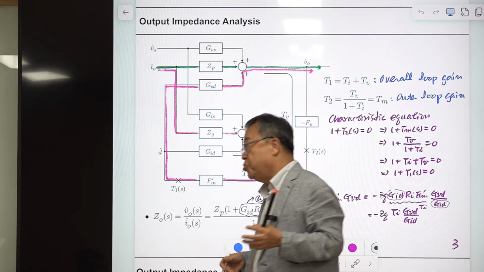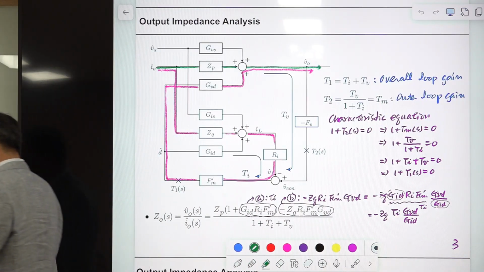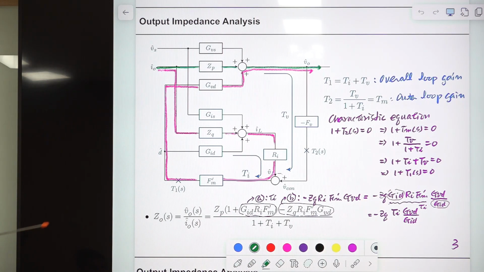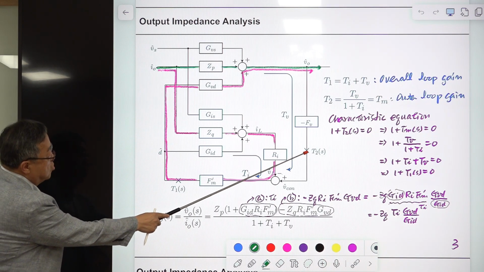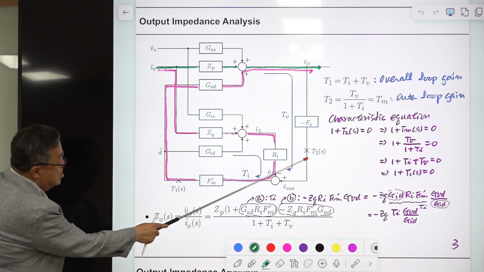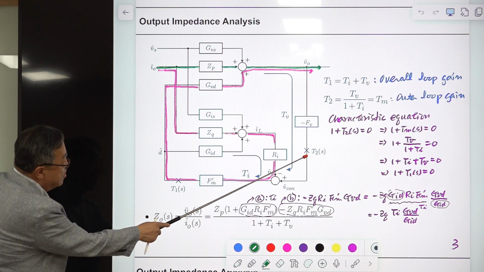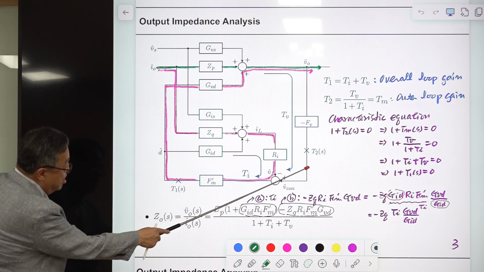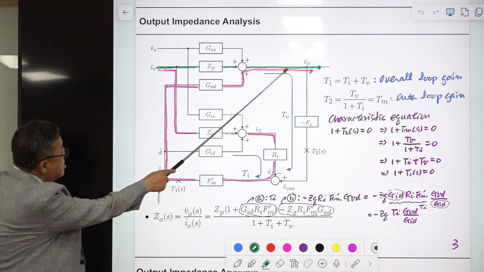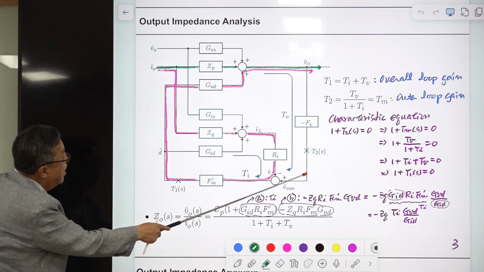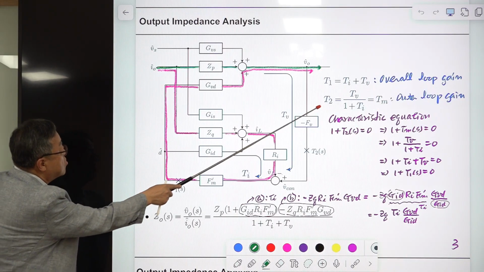Loop gain has some special meaning. All right. So think about this. T2. Then you inject the input signal here. That input signal is passing through this, and this is coming back to here. That is defined as current loop TB.